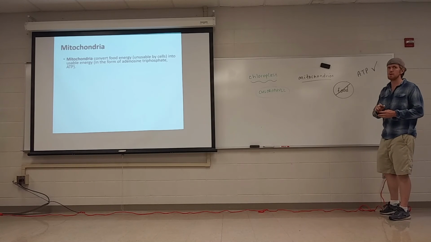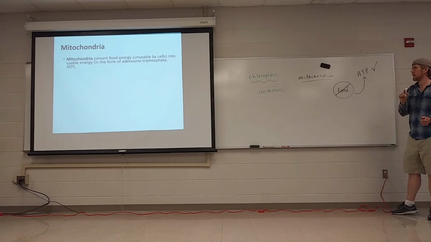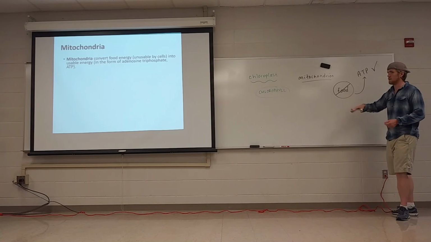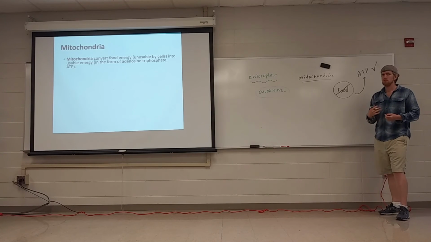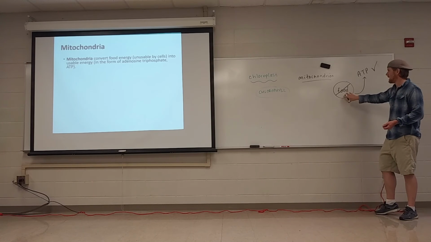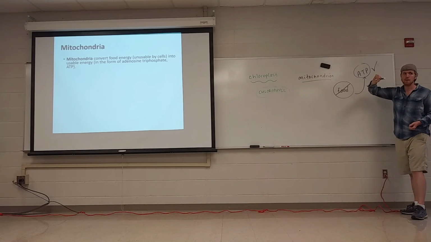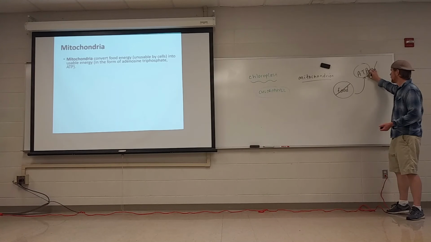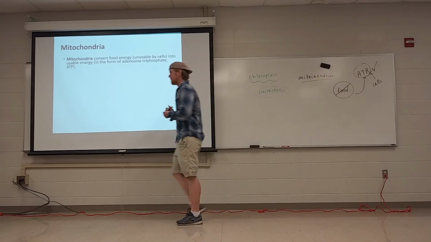Energy can't be created or destroyed, but it can definitely be converted. And so the mitochondria's job is to take the energy that you've obtained by eating food, for instance, pancakes, which is what I had this morning. My body's job is to take that energy in the pancakes and convert it into ATP energy. And once it's in this form, then my cells can come in, use it, and start to do some work.